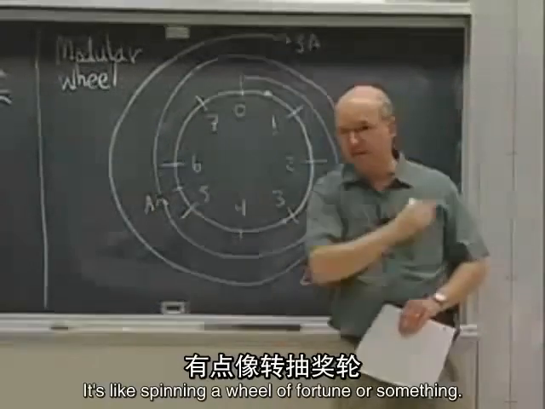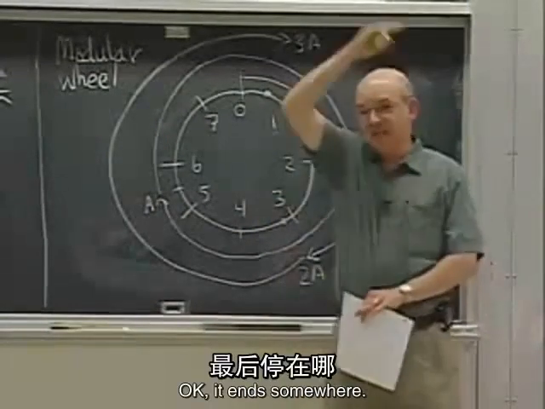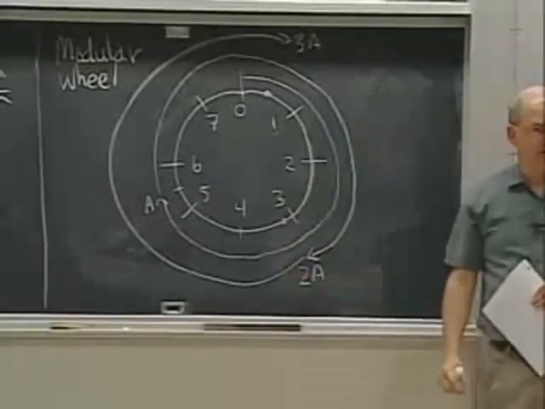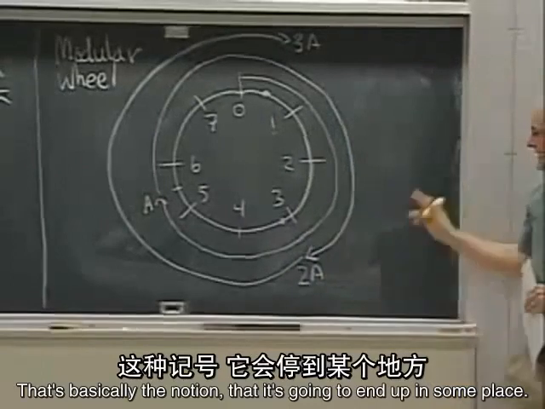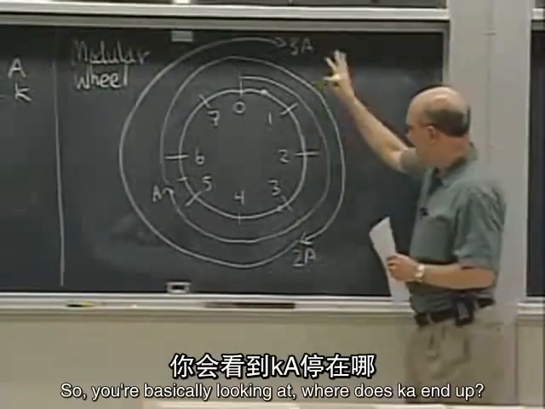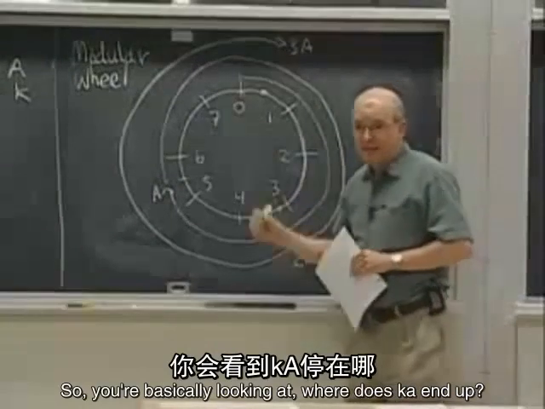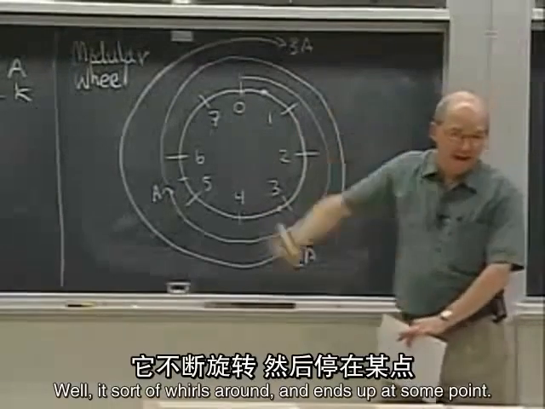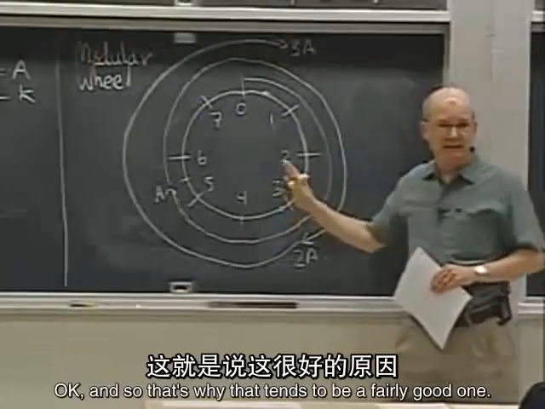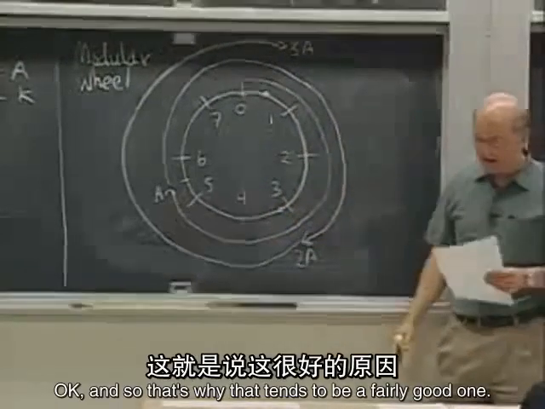It's like spinning a wheel of fortune. It ends somewhere. That's basically the notion: you're looking at where Ka ends up. It whirls around and ends up at some point, and that's why this tends to be a fairly good one.